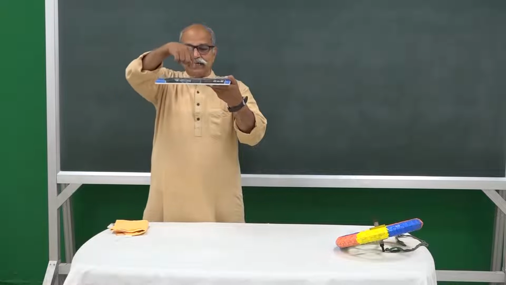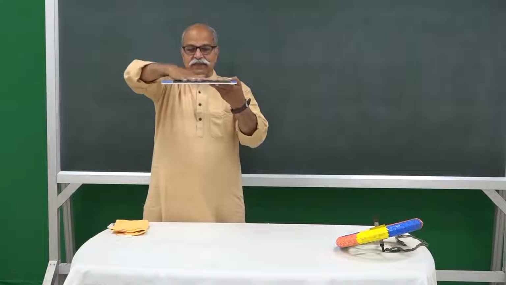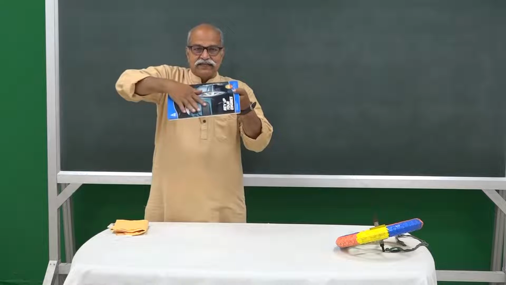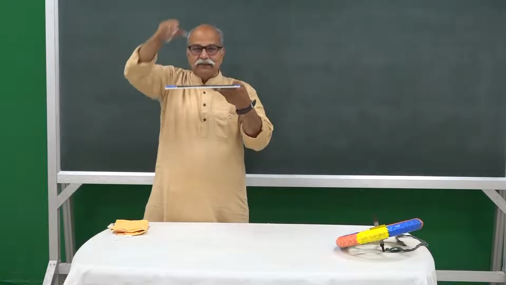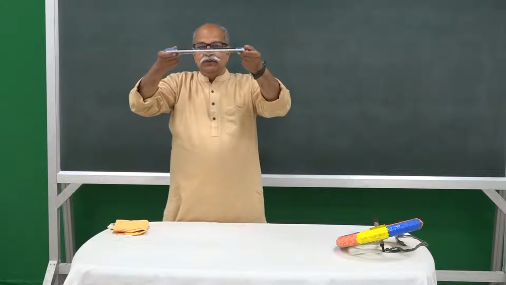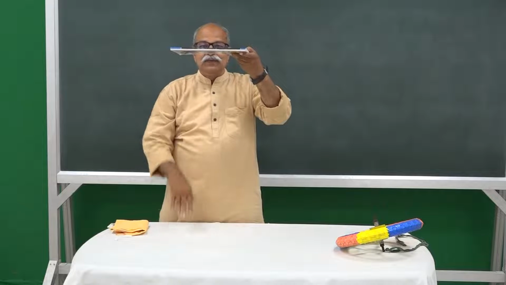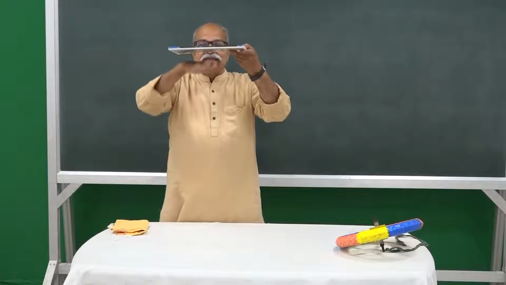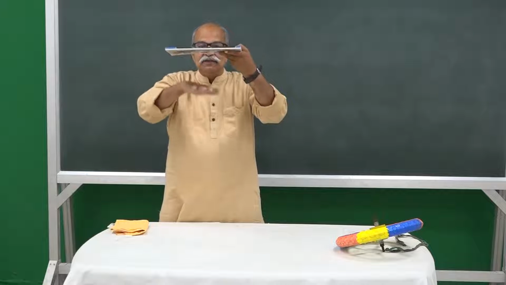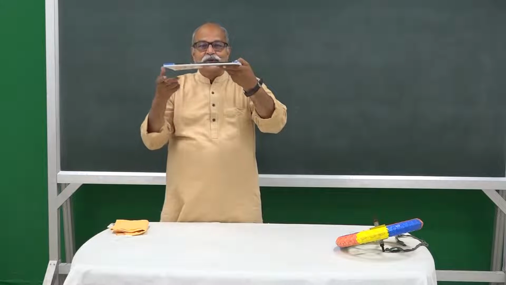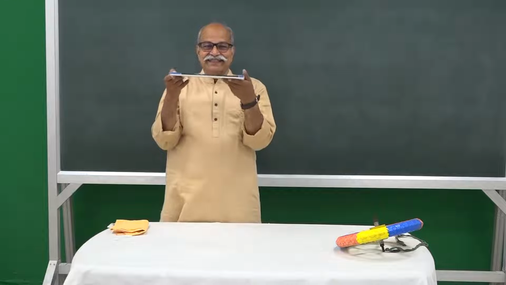I will be rotating about this axis perpendicular to this bigger, flatter face, and you notice how it falls on the table. Once it has travelled this much distance, what has happened to the angular velocity?